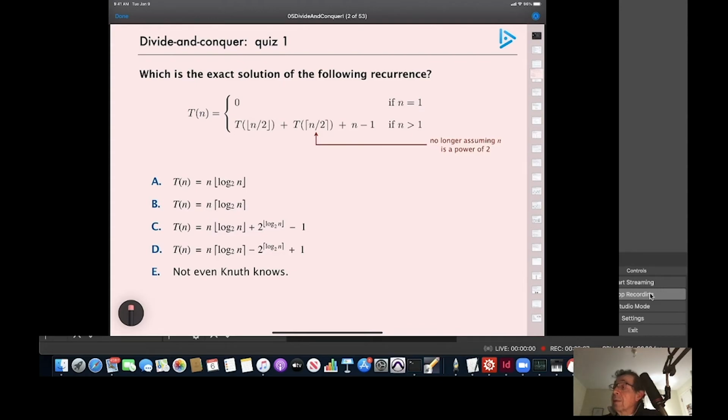T of n is equal to the time taken by the left-hand part and by the right-hand part. In this case, the right-hand problem can conceivably be bigger than the first one by 1.